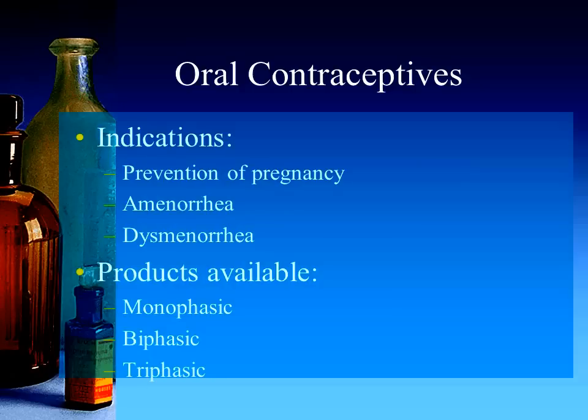If there are 2 different colors, there are 2 different amounts of estrogen. If it's triphasic, there are 3 different amounts. And again, that just comes down to what seems to work best with each individual. Some work better for some than others.